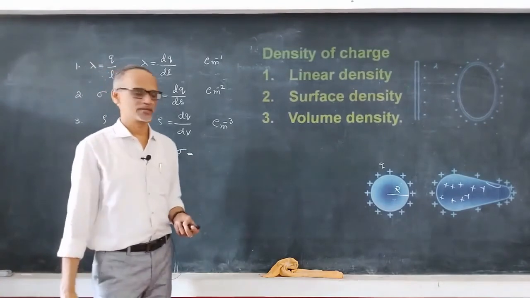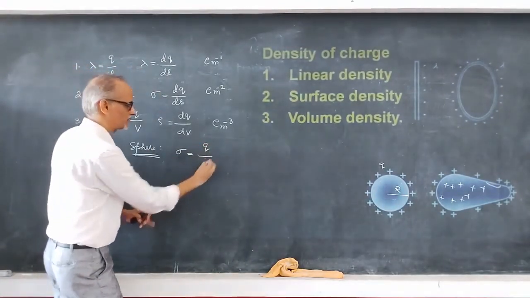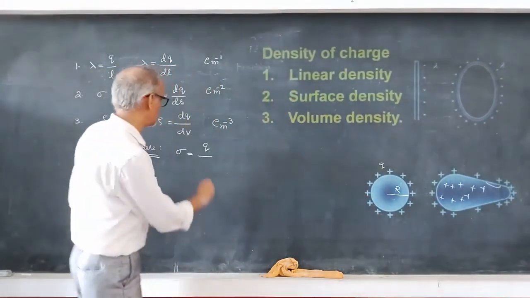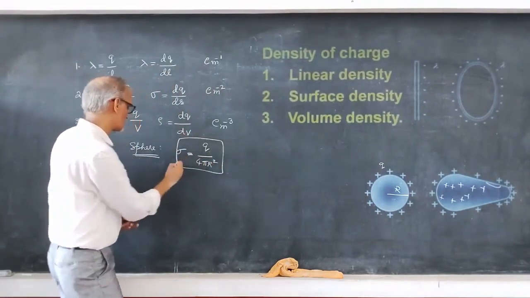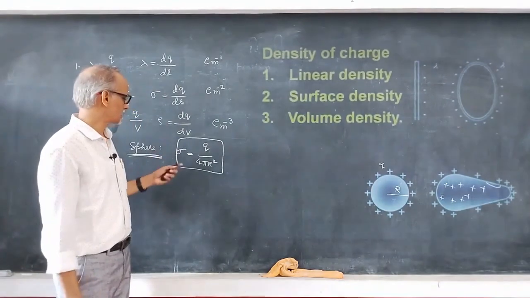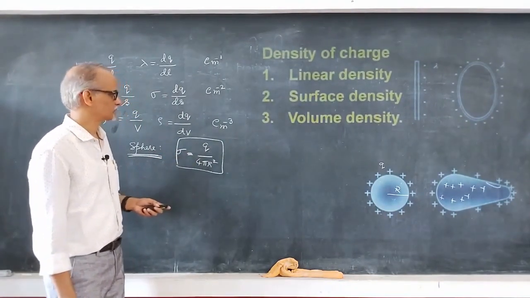Surface density is defined as charge per unit area. What is the formula for the area of the sphere? Area of the sphere is 4 pi r square. So for a spherical conductor, sigma is equal to Q by 4 pi r square.